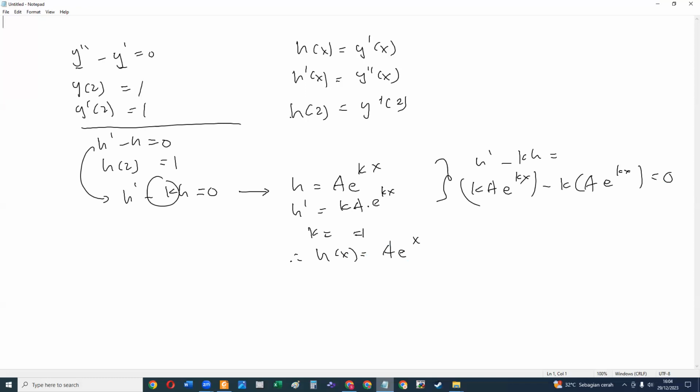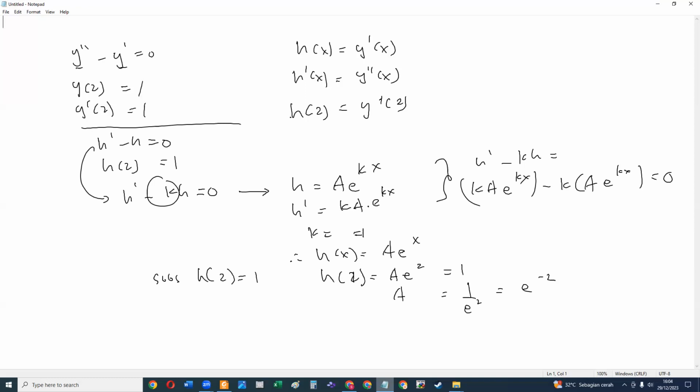Now, how to find a? We substitute that h of 2 is 1. Hence 1 equals a times e to the power of 2. So a is 1 over e squared, or e to the power of -2.